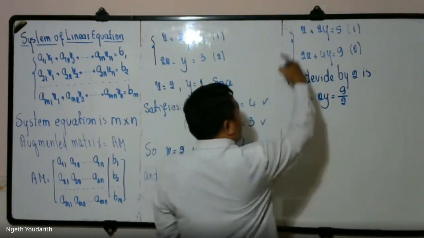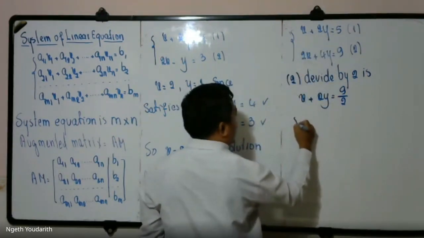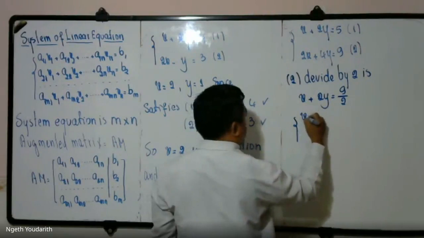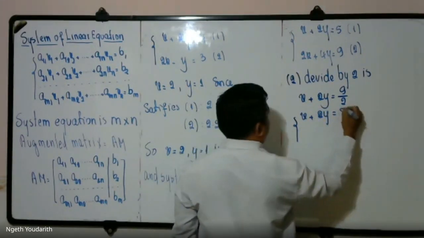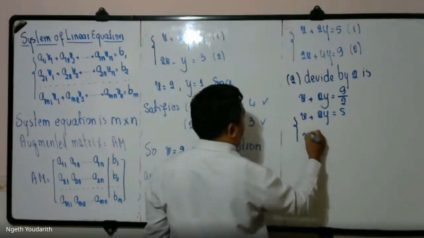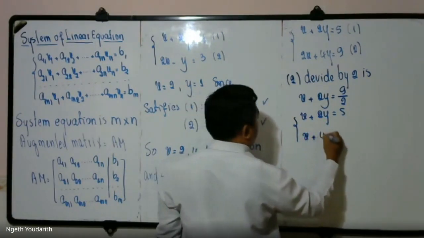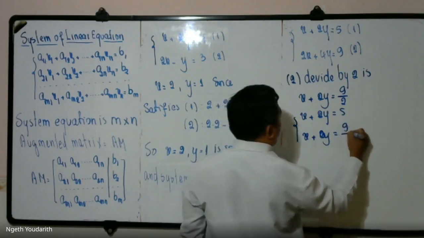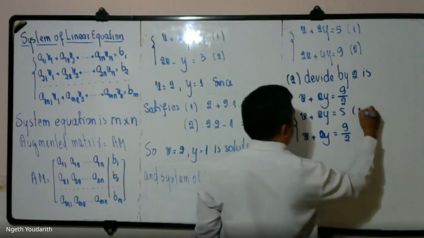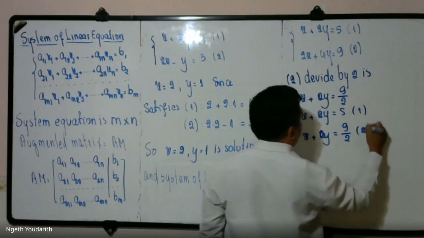So I go back to our system: x plus 2y equals 5, and x plus 2y equals 9 over 2. This is equation 1 and this is equation 2.